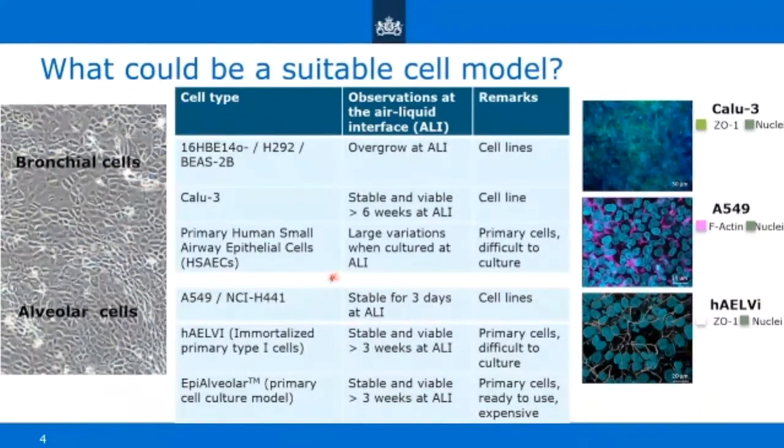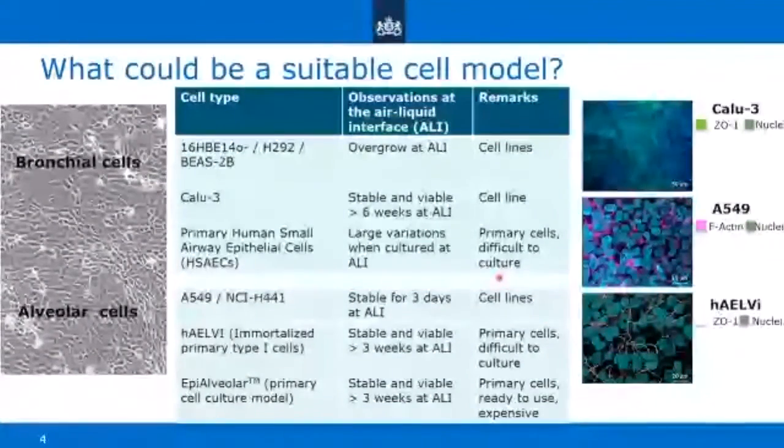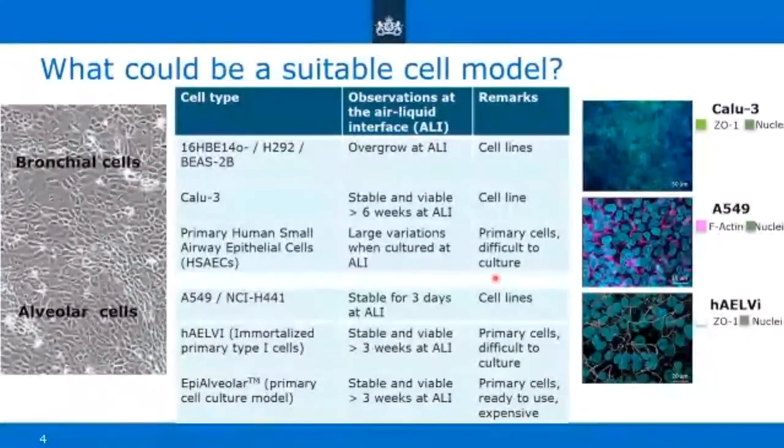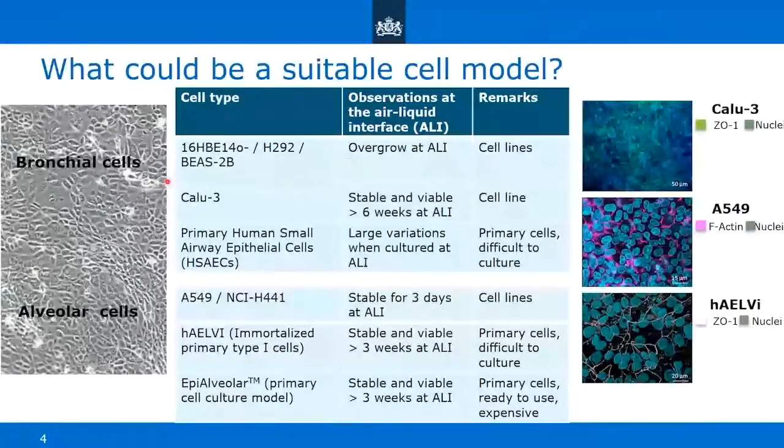Here I focus on the suitability for being cultured at the air-liquid interface, as we think this is a much more realistic exposure. A lot of cell lines are not able to be cultured at the air-liquid interface, for example, because they tend to overgrow or they do not remain stable and viable.